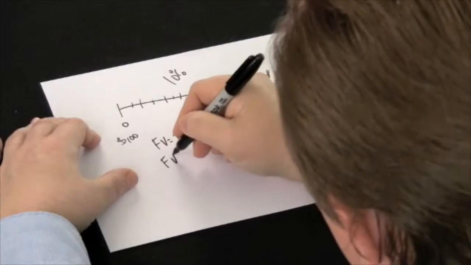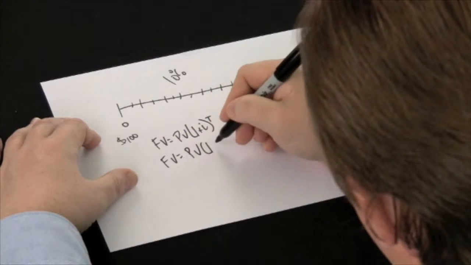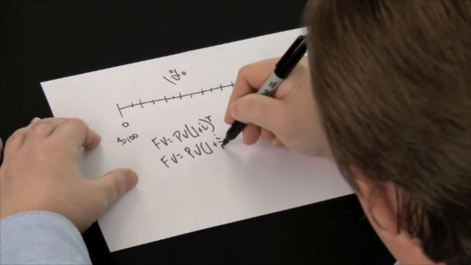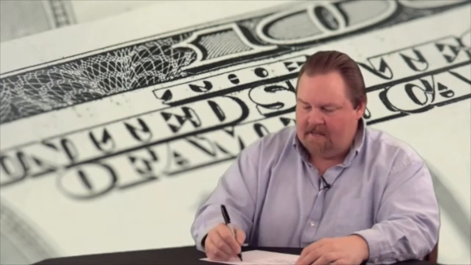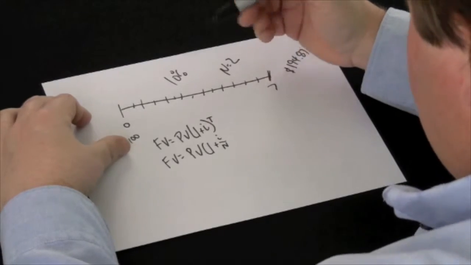The formula then looks like future value equals present value times 1 plus the interest rate divided by n, and n equals the number of payments per period. In this case, n equals 2 because we're compounding it every 6 months.